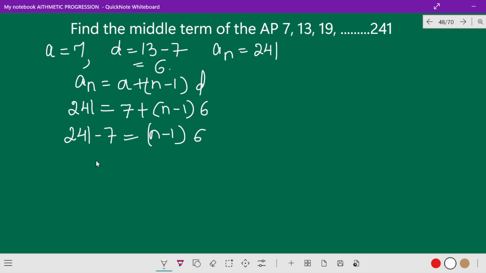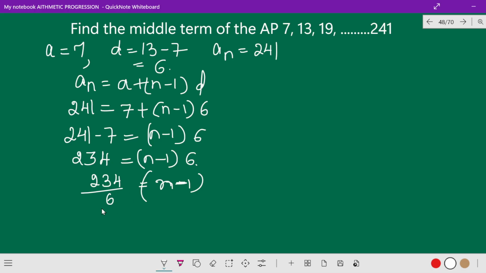241 minus 7 will become 234. So 234 is equal to N minus 1 into 6. This will become 234 by 6 is equal to N minus 1.